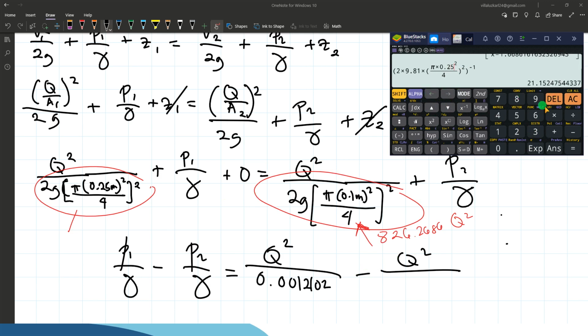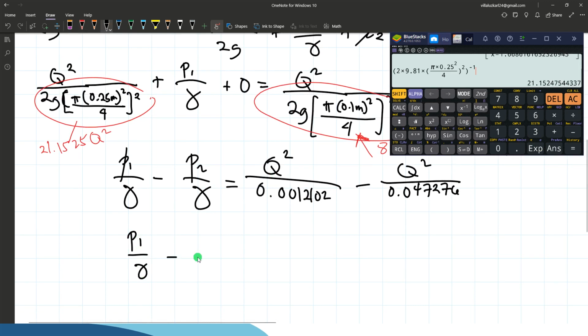If we didn't raise it to -1, the answer is 0.047276, but raised to -1, this is 21.1525 Q squared. So let's rewrite the equation.